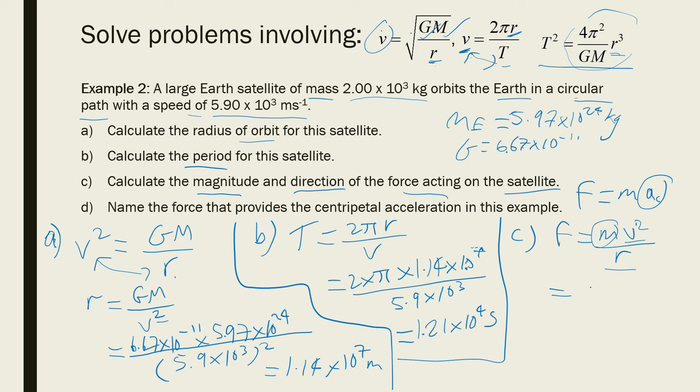So the mass of the satellite is 2 times 10 to the 3. The speed it's traveling at is 5.9 times 10 to the 3, and then we need to square that speed, over the radius. The radius of the orbit of that satellite is what we calculated in part A, which is 1.14 times 10 to the 7 meters.